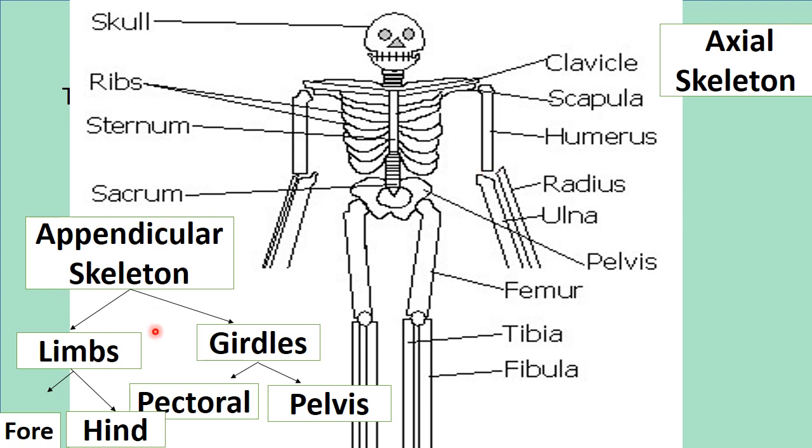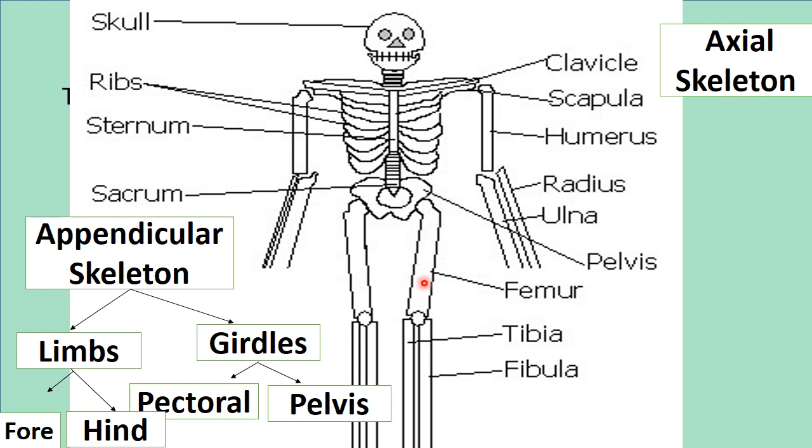If we go to the limbs themselves, the hands are made of three bones. This upper bone here, which is from the elbow to the shoulder, is called the humerus. Then from the elbow going down the arm, we have the radius and the ulna. These two, radius and ulna.